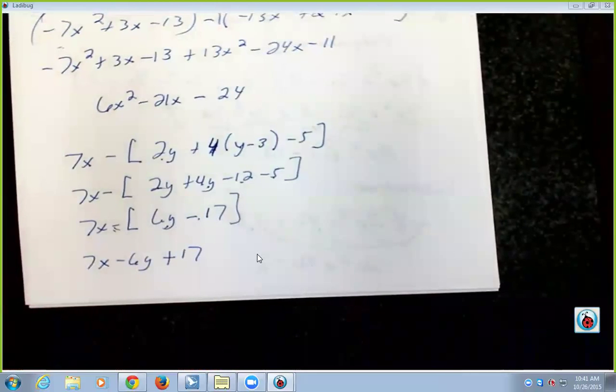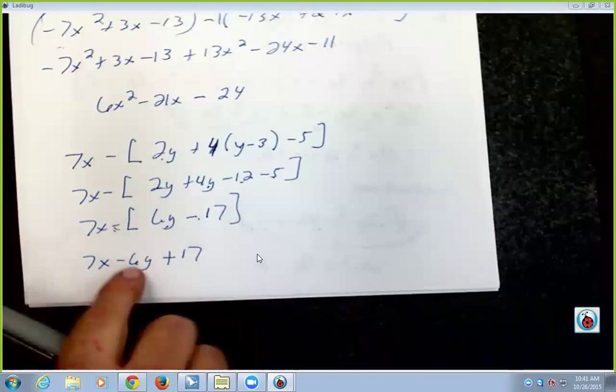And that's as close as I can get to an answer because x's do not combine with y's. And so that becomes what my solution is. Okay? That makes sense? Again, be careful and go through and get your stuff figured out from the inside of them.